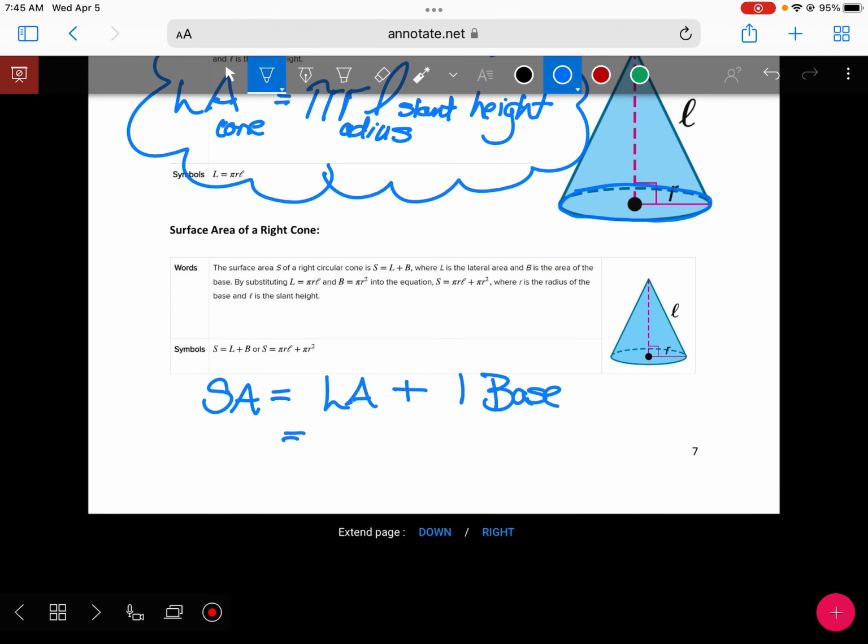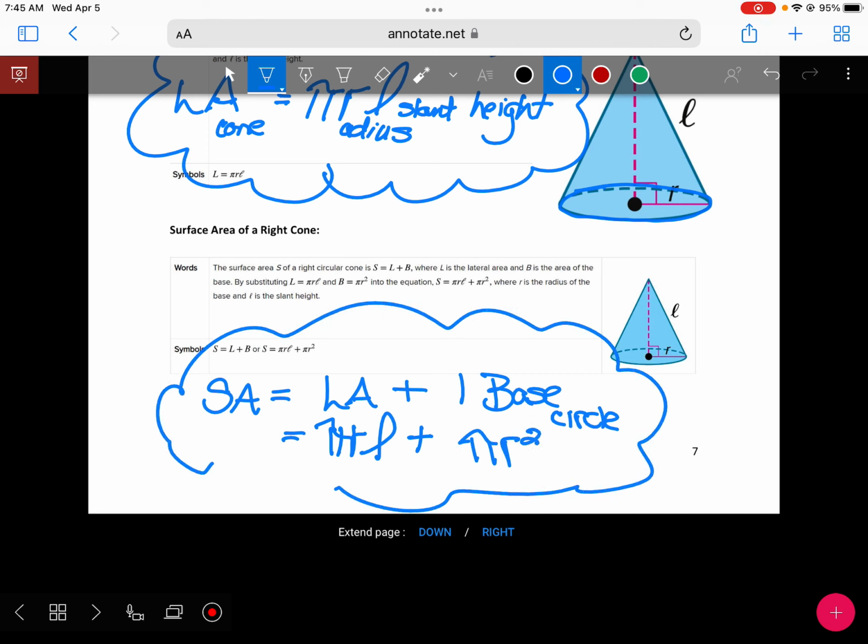So the lateral area, which is pi RL slant base, plus the base of this is the area of a circle, which is pi r squared. Okay? So write down those two formulas. Make a big cloud around them so you can find them quickly.